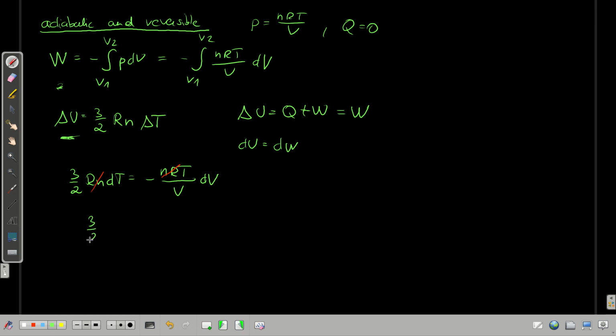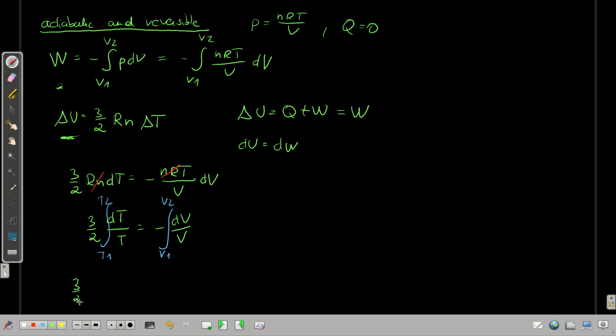It's 3/2 dT divided by T equals minus dV divided by V. And if we integrate now on both sides, meaning that here the integrals are from T1 to T2, and here from V1 to V2, this leads to the following expression.